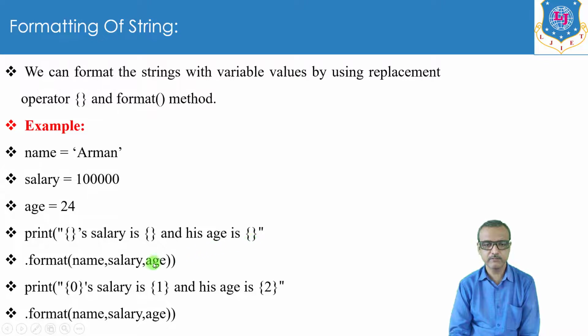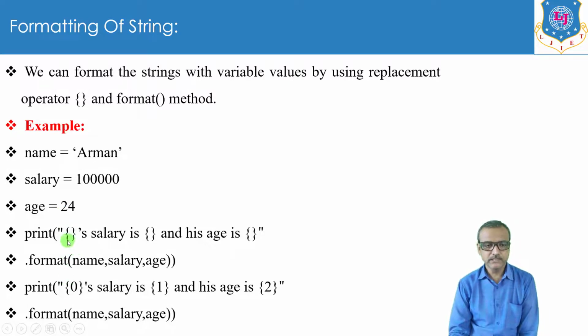Now in this replacement operator, the value of this variable age will be assigned, that is 24 in this case. So finally for this print statement we will have output as Arman's salary is 1 lakh and his age is 24.